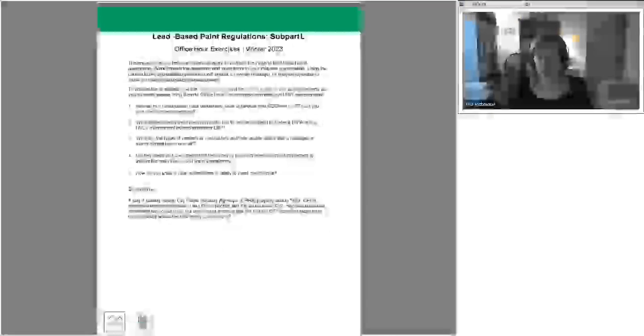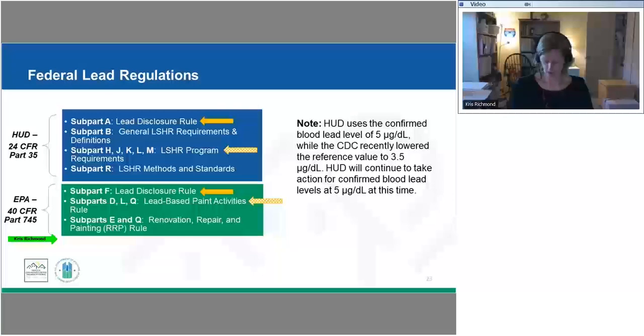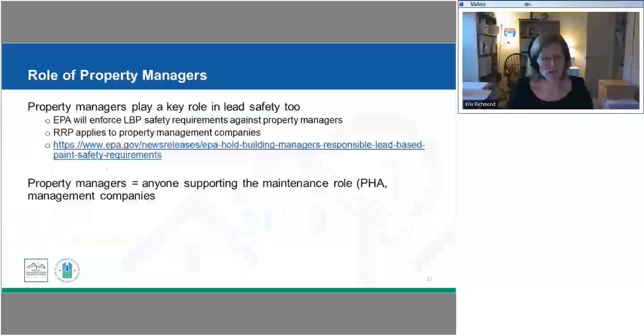I want to go to slide 31 to talk about who's all responsible. We talked about this a little bit yesterday, where the PHAs and property managers and their maintenance employees are going to be subject to federal enforcement actions regarding compliance with the federal lead-based paint regulations. And then this slide was also really focusing on RRP, the renovation, repair, and painting rule as well.